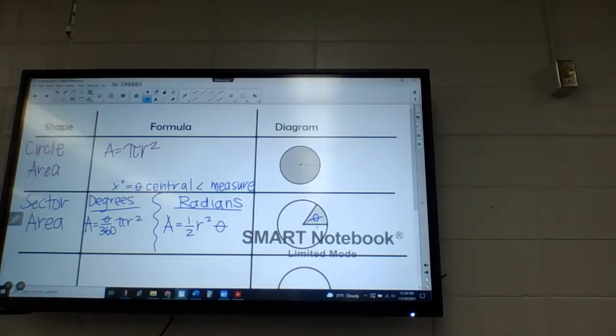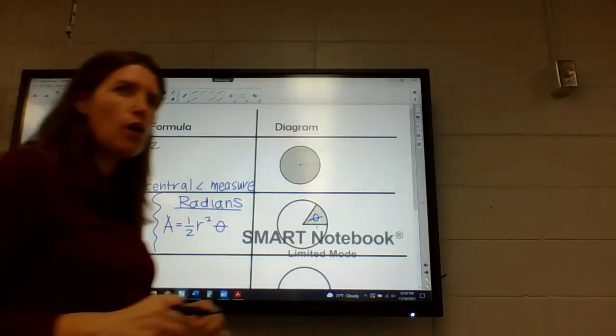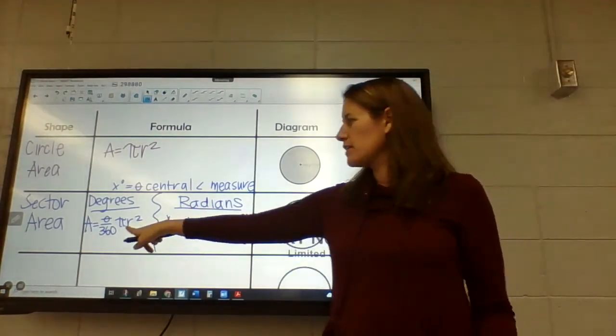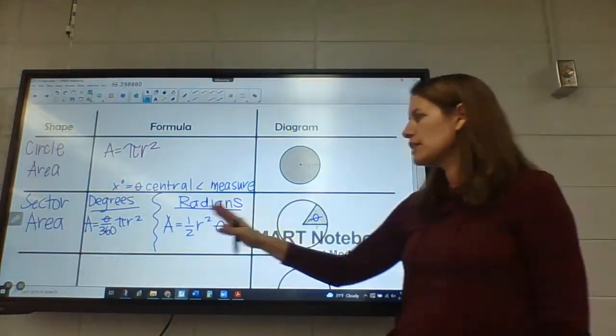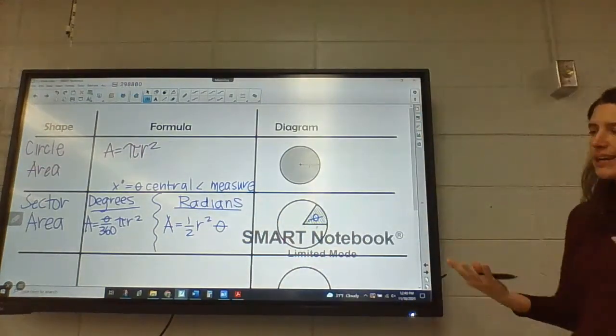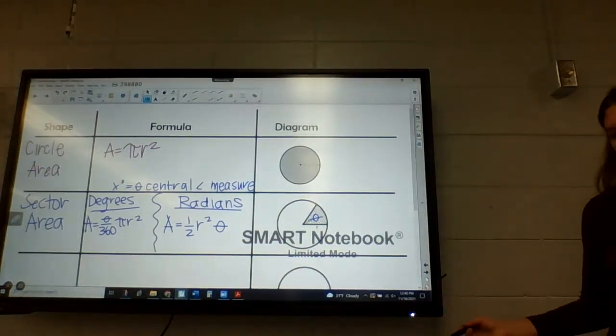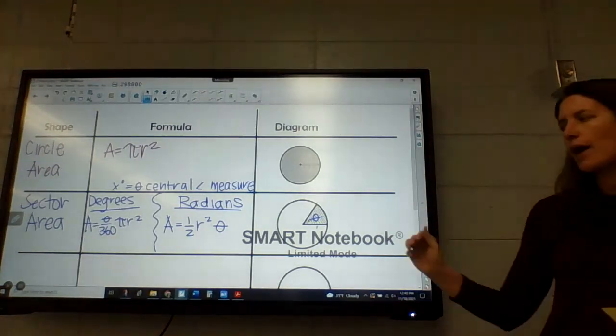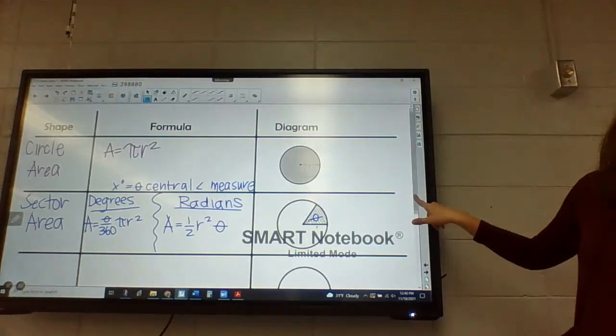So it's not like it's 100 times better, but at the same time, the reason for that is because it takes out the 360, because we know radians are divided, to switch it over to degrees, we divide by 180, or back and forth. And so that's why the 1/2 comes in, because of 360. So either formula works, it just depends if you're in radians or degrees. Now, if you actually had to convert between these and then choose which formula to use, it'd be a big pain. So having two is not a bad thing, especially when you have a note card.